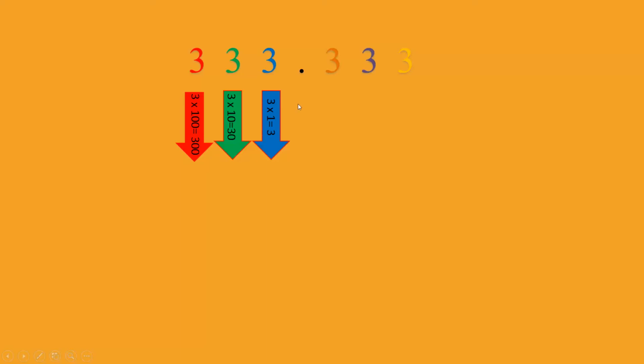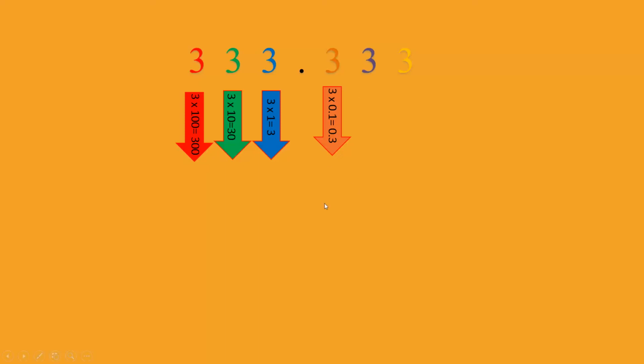Okay, and after the decimal point, this 3 is multiplied by tenths, which equal 1 over 10 or 0.1. Both of them are right. So you can write 3 times 1 over 10 or 3 times 0.1.